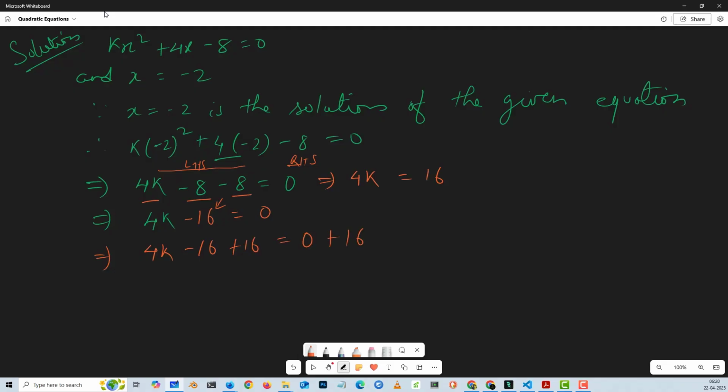In math we can multiply with the same number or term, divide or add or subtract in the equation, but we have to do it on both sides, in left hand side and also in right hand side, to balance the equation. So what will happen, this and this will be cancelled, so we will be left with 4k equals to 16. This is what is called side changing.